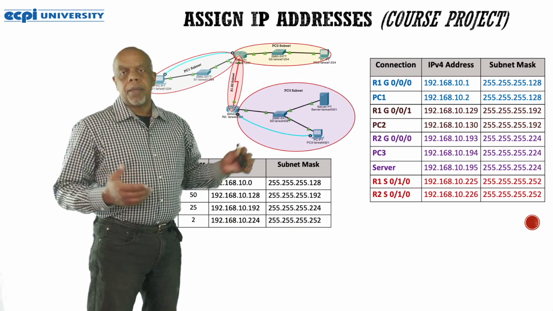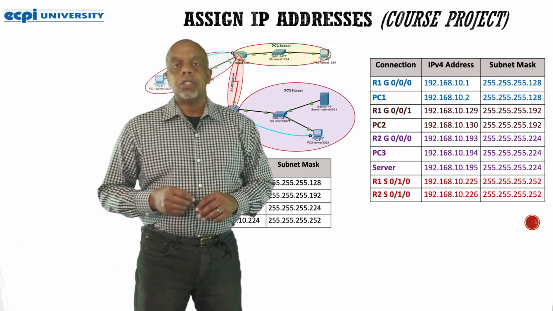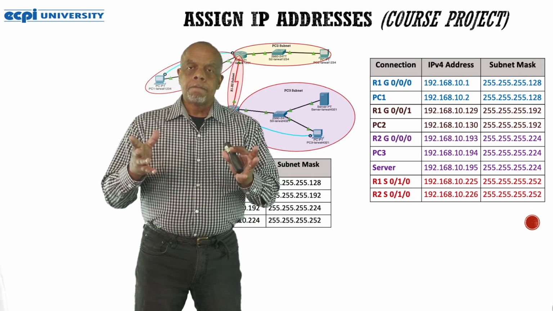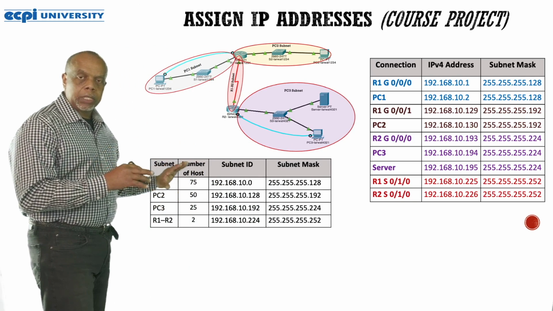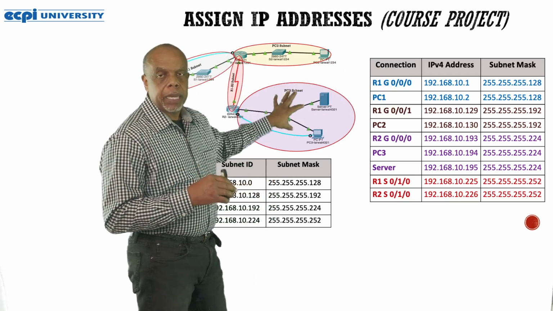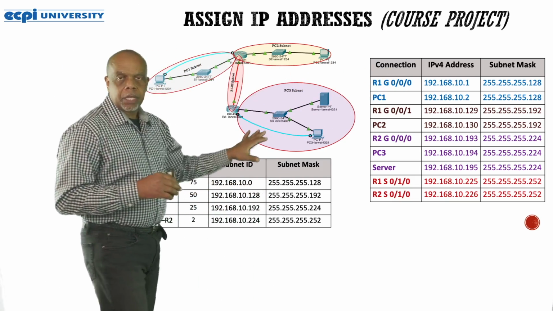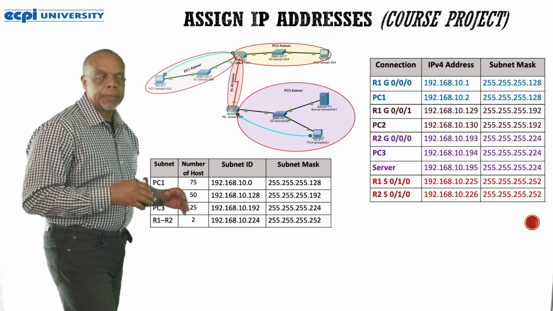And they would have the subnet mask of 255.255.255.252. Okay, so now you see we broke it up into subnets. Then once we broke it into subnets, we started assigning the IP addresses based on the subnets, remembering that you cannot assign the subnet ID.